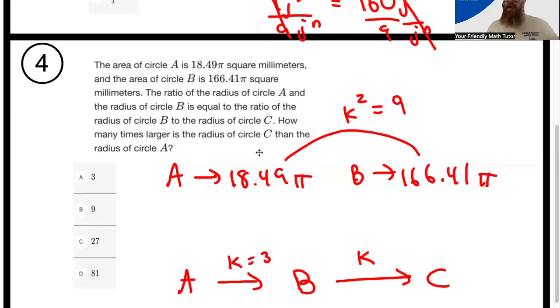So if you multiply the area by 9, that means the radius was multiplied by 3. And then if this goes 3, then that's 3. So C is how many times larger than A? Well, if you multiply by 3 to go from A to B and 3 to go from B to C, you're going to multiply by a total of 9 to go from A to C.